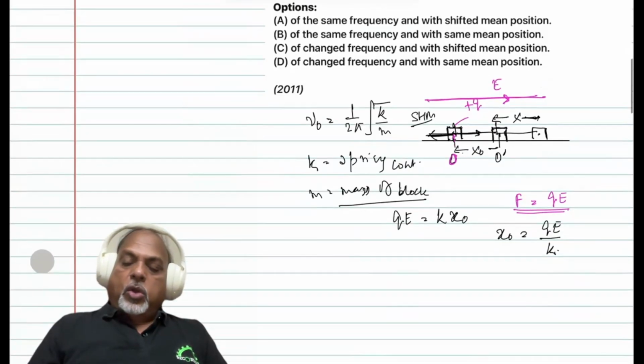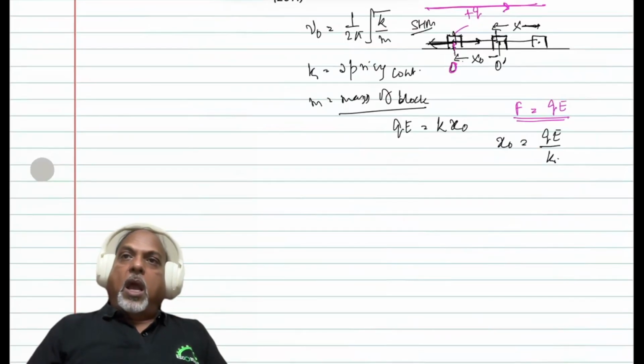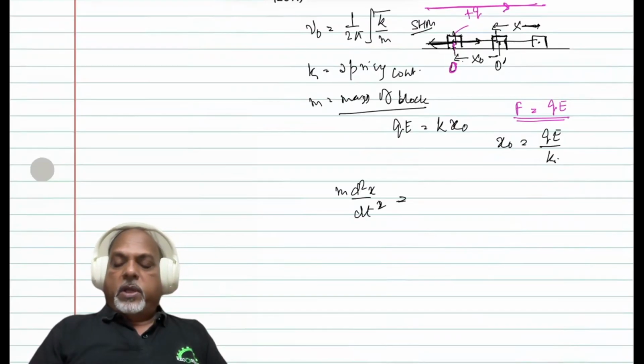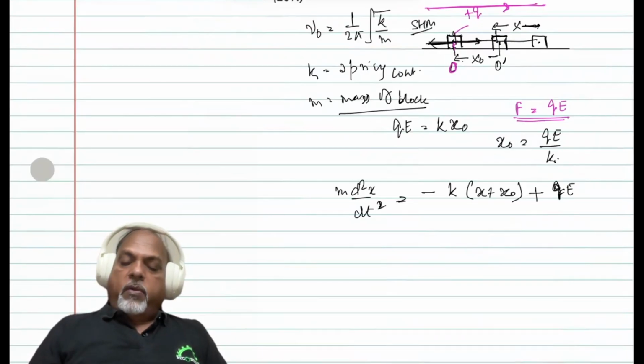Correct? So here Newton's second law says m d square x upon dt square will be basically minus k into x plus x0 plus of course q into E. You can put the value of q into E, and of course the frequency will be nu zero only.